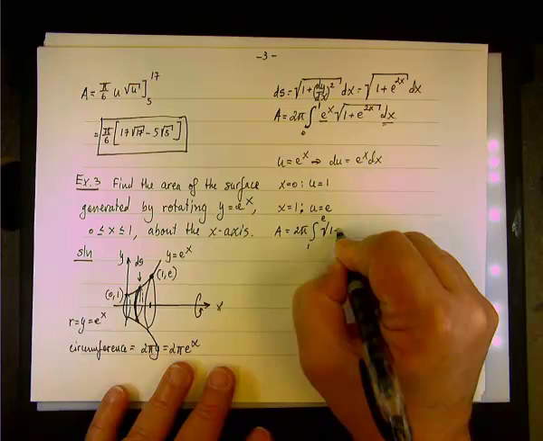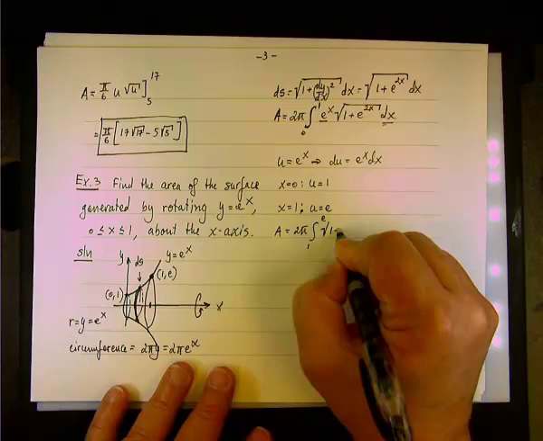We're going to say that u equals tangent theta, and therefore du equals secant squared theta d theta, but also 1 plus u squared equals 1 plus tangent squared of theta, which is secant squared of theta.